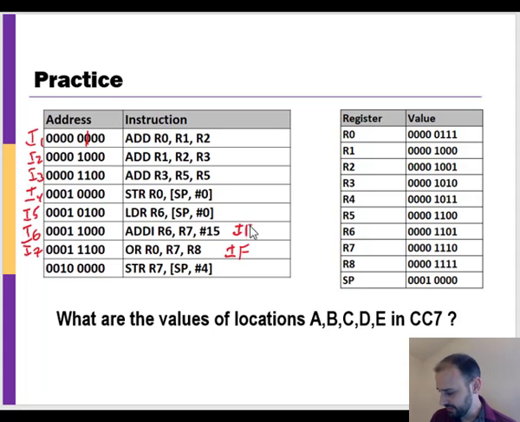Then we're working back up, because instruction 6 is further along. It's in stage 2. Instruction 5 is in the execute stage. Instruction 4 is in the mem stage, and instruction 3 is in the write back stage.